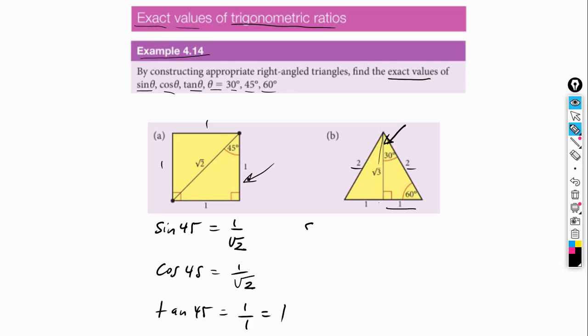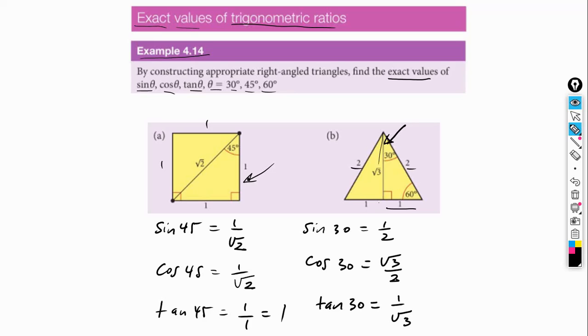So notice that sine of 30 is going to equal 1 over 2, or 1/2. Cosine of 30 is going to equal square root of 3 over 2. And then tangent of 30 is going to equal 1 over square root of 3.